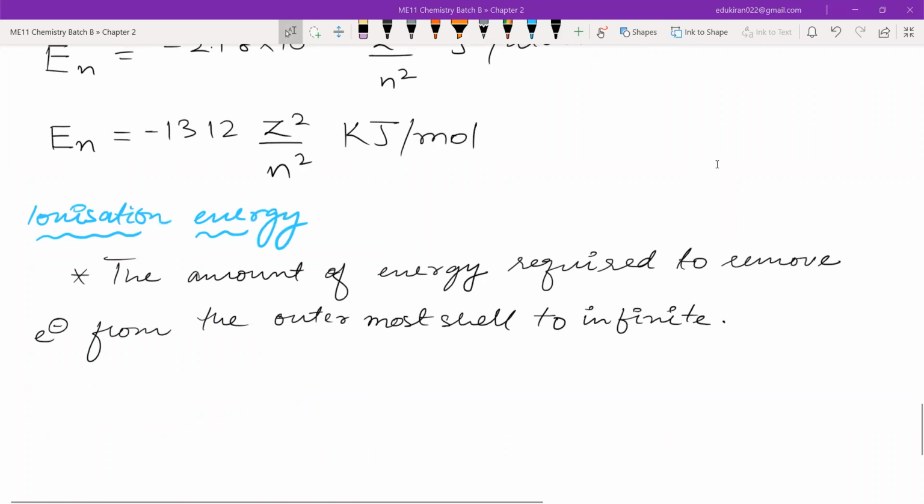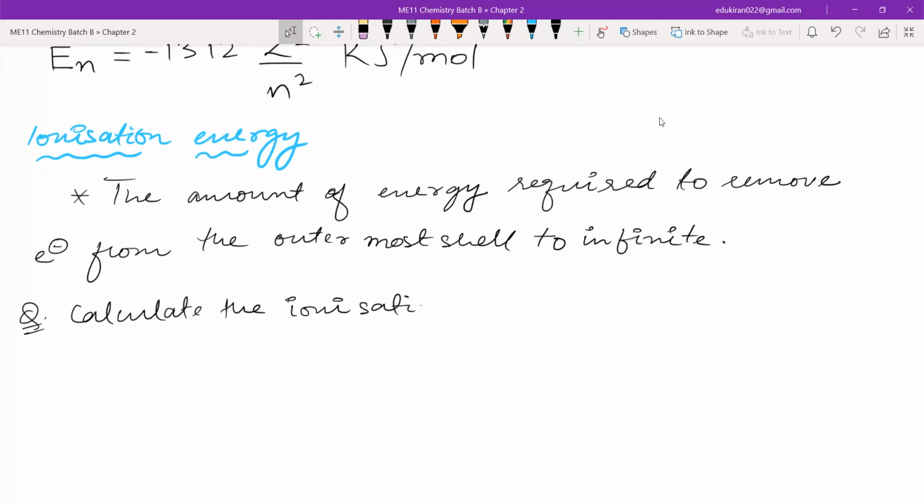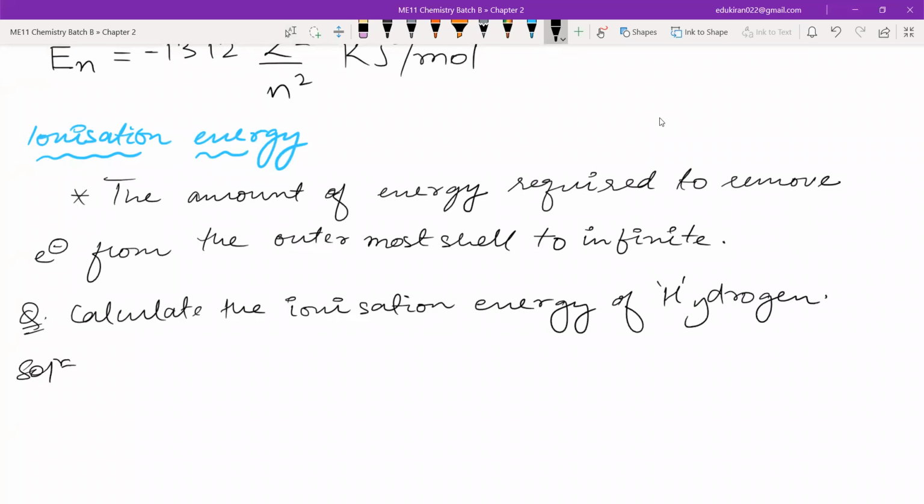Now let us calculate the ionization energy of hydrogen. How will we solve this? See, we have the energy difference.